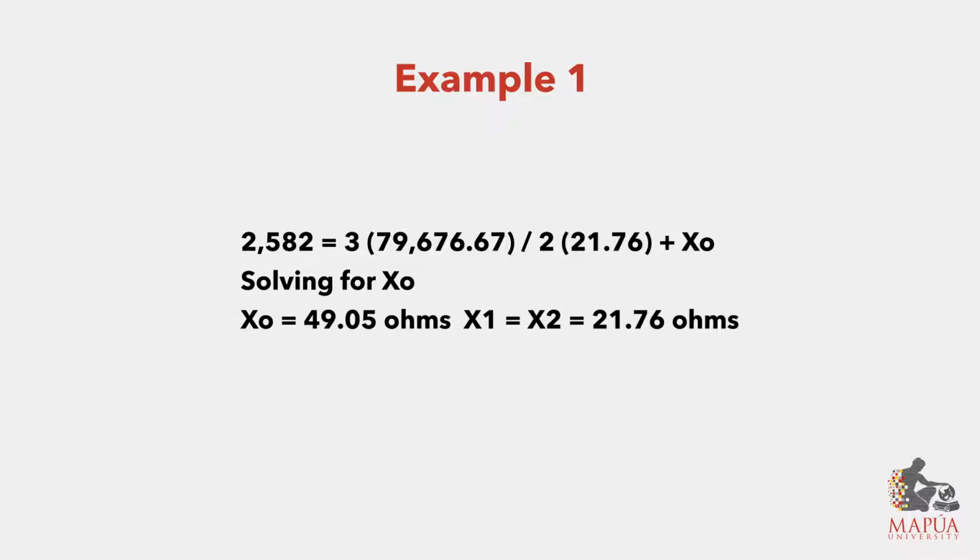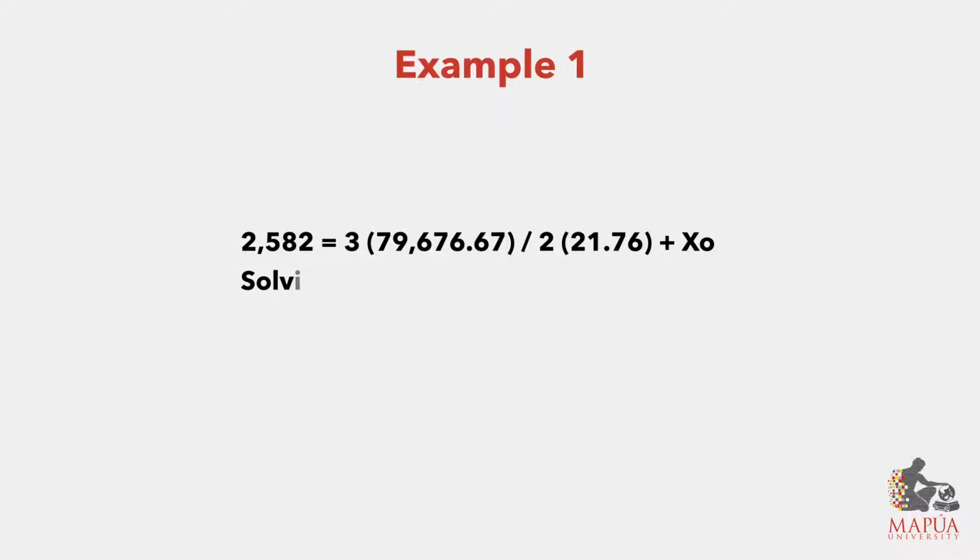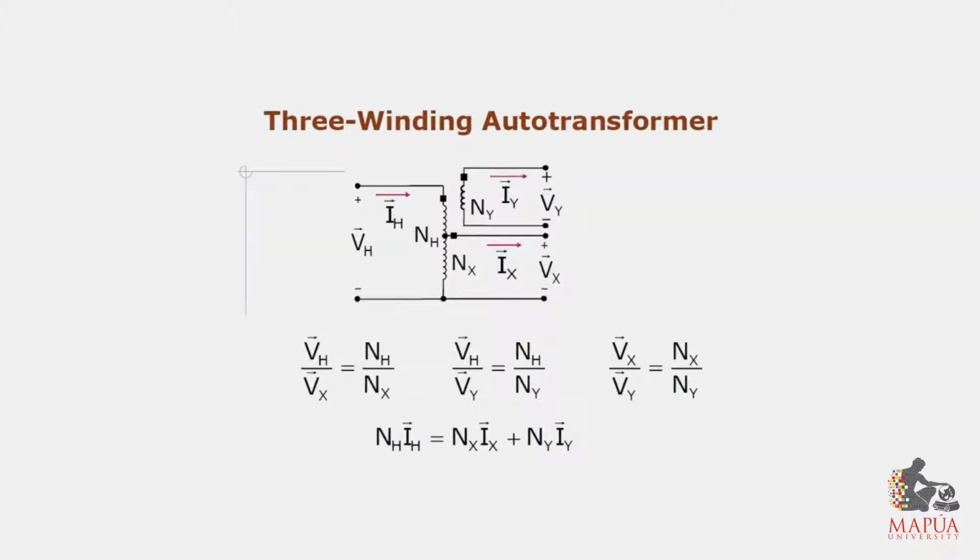For the 3-winding autotransformer, given this diagram, we have a single winding, and a tap is brought out for the secondary winding having the winding NX, and another winding on the secondary side represented by the winding NY. Having these parameters as illustrated in the diagram, we can have some ratios.